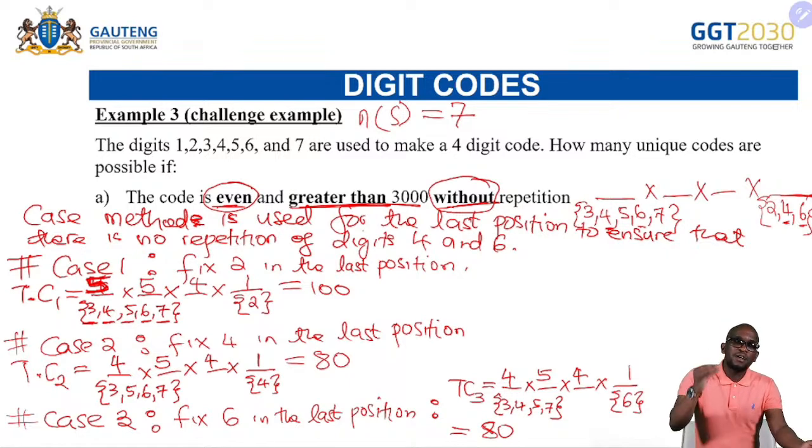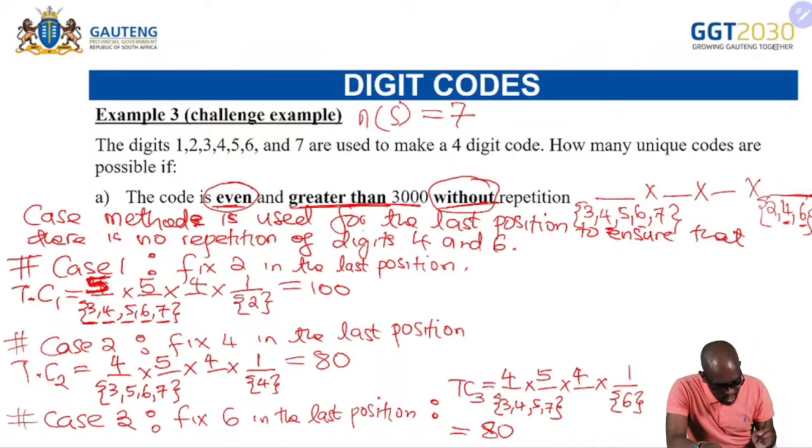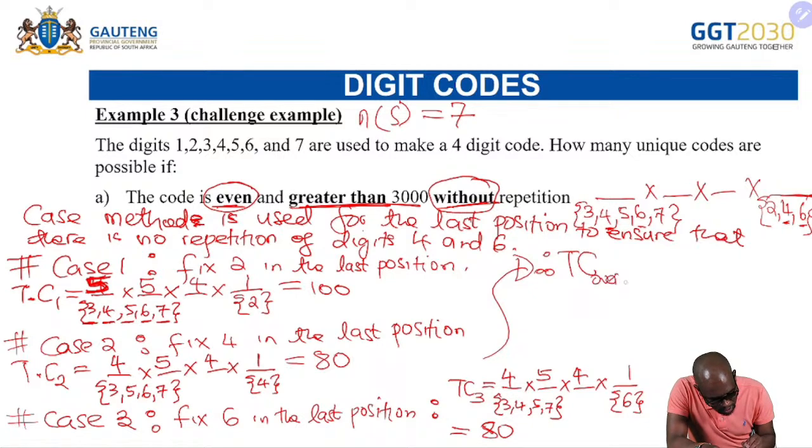Now that I've resolved this into 3 cases and I obtained the total codes for each case, in order for me to complete this problem, the total codes overall would be total codes for case 1 plus total codes for case 2 plus total codes for case 3.